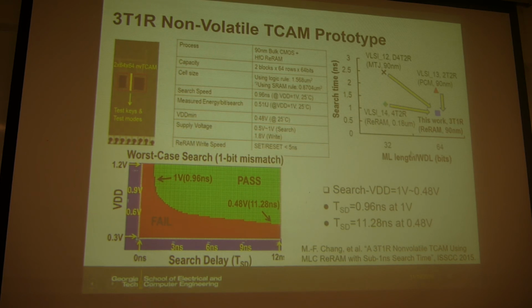In this case, you can see that it reaches even below 1 nanosecond search time at 1 volt. Of course, when you reduce the power supply voltage, your delay will be longer. This is pretty fast. You can search a large-scale database within 1 nanosecond or less, like 64 or 128 bits.